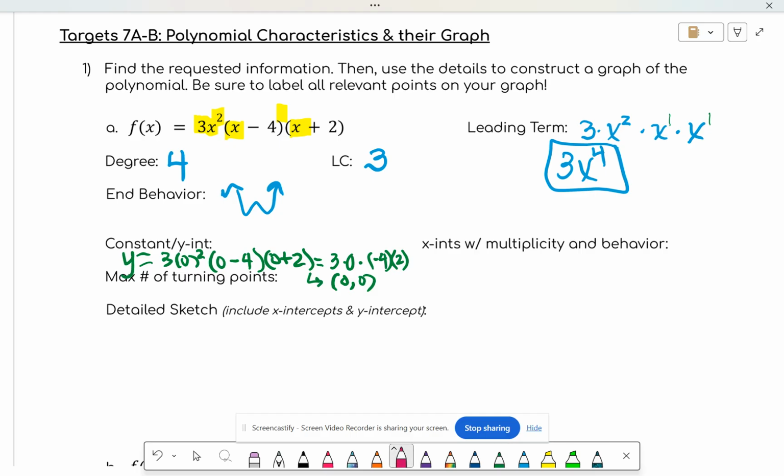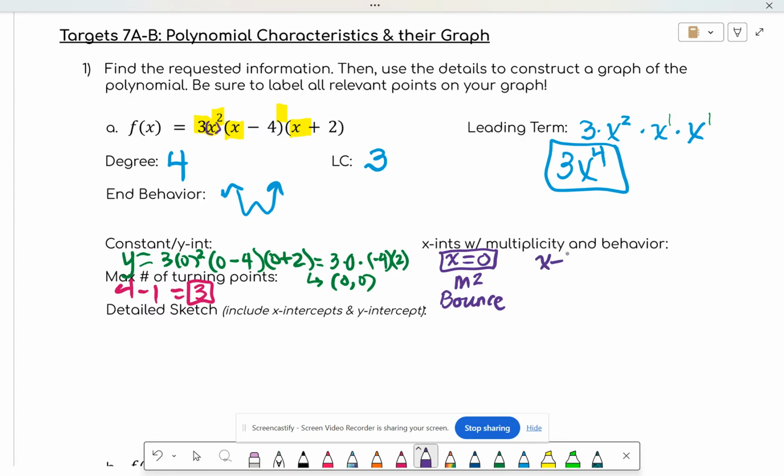Max number of turning points is just degree minus 1, so that is 3. And then for the x-intercepts with multiplicity, I'm just going to take each factor and set it equal to 0. This x squared counts as one factor with a multiplicity of 2, so I know that it's going to bounce at x equals 0.